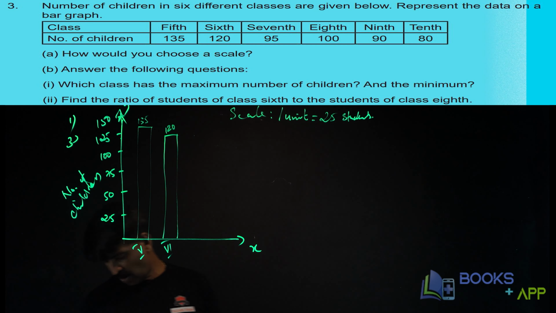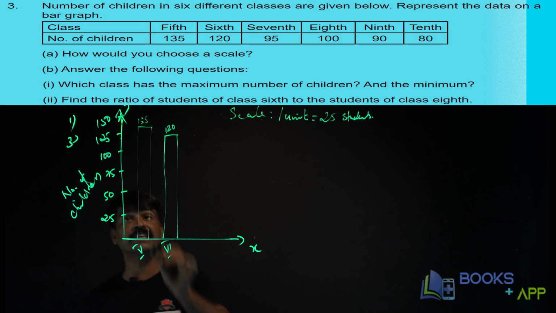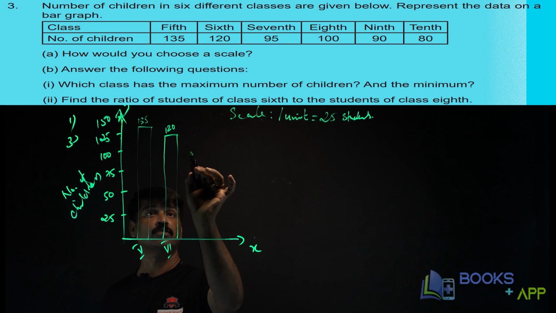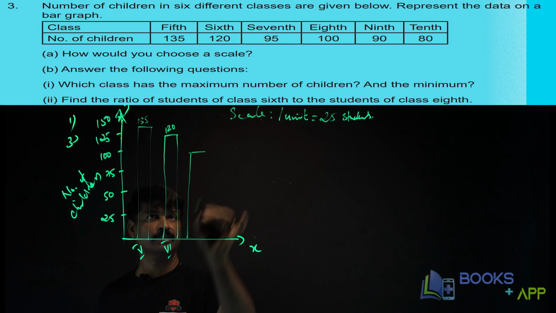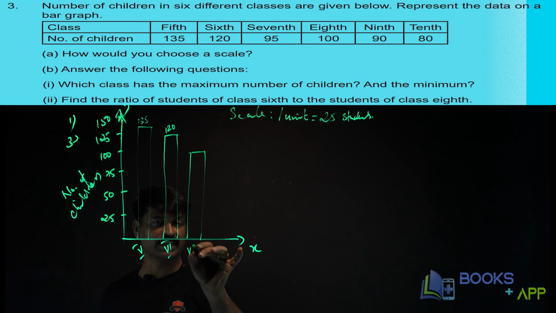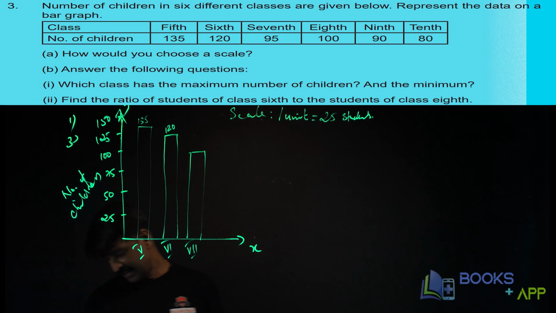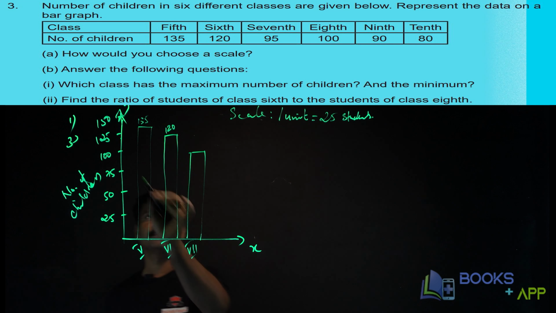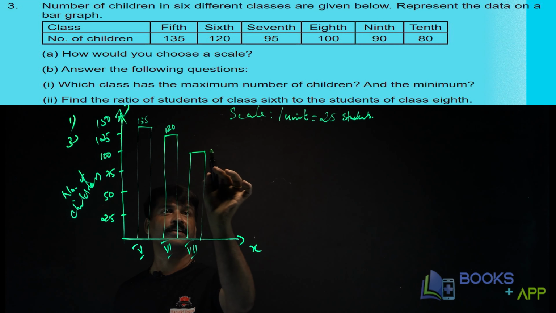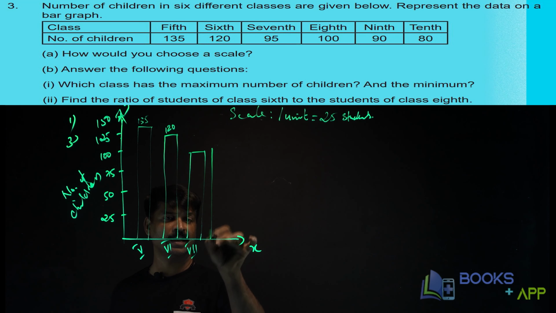Okay. Now in 7th standard, we have 95. 95 means it will be here. So in 7th standard, we have 95 students. Then in 8th standard, we have 100. 100 means this is 100. So here we have 100 in 8th standard. Okay.